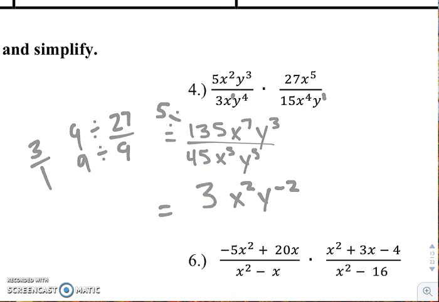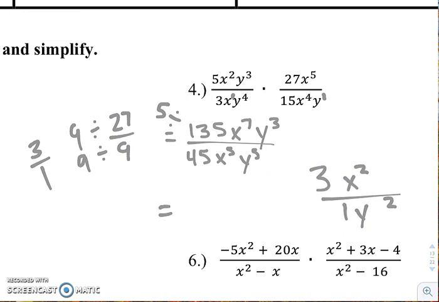So your answer would be 3x squared times y to the negative 2nd. You can write over 1 if you want to. You don't have to. But what we do need to do is move this y to the bottom and make it positive. You can't have any answers with negative exponents.